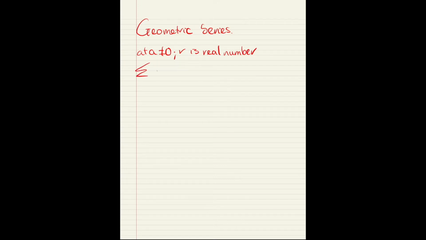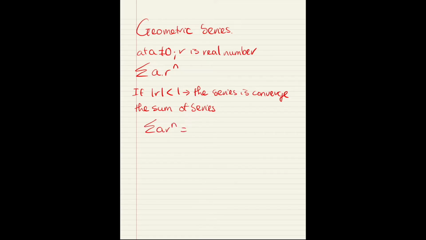For the series of a times r to the exponent n, if the absolute value of r is smaller than 1, then the series is convergent, and the sum of the series equals a over 1 minus r.